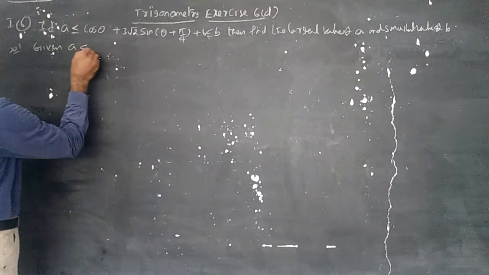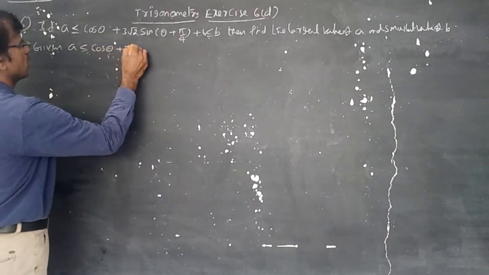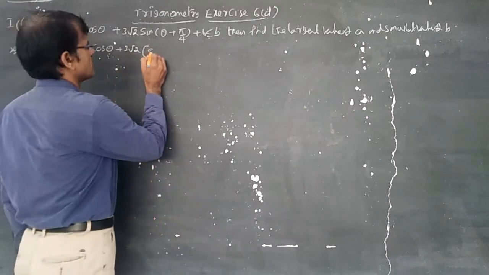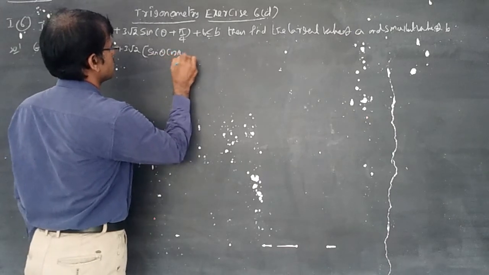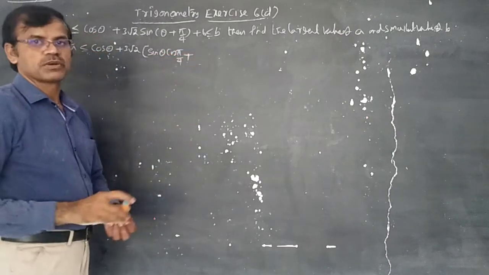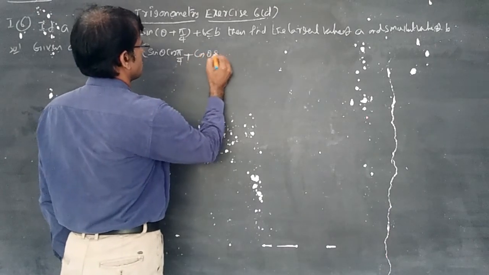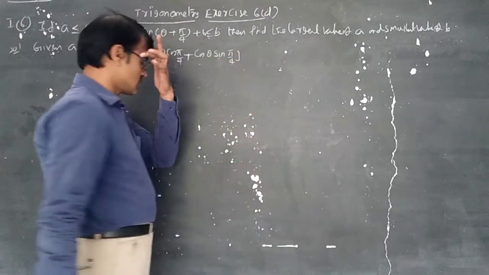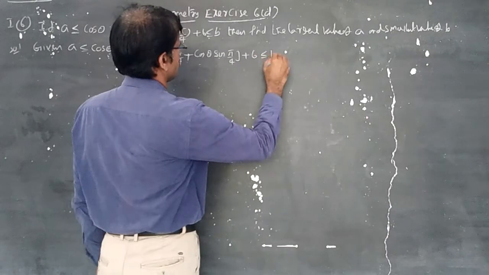a is less than or equal to cos theta plus 3 root 2 into, this is of the form sin of a plus b. So use the formula sin a cos b plus cos a sin b. So sin theta cos pi by 4 plus cos theta sin pi by 4 plus 6 is less than or equal to b.